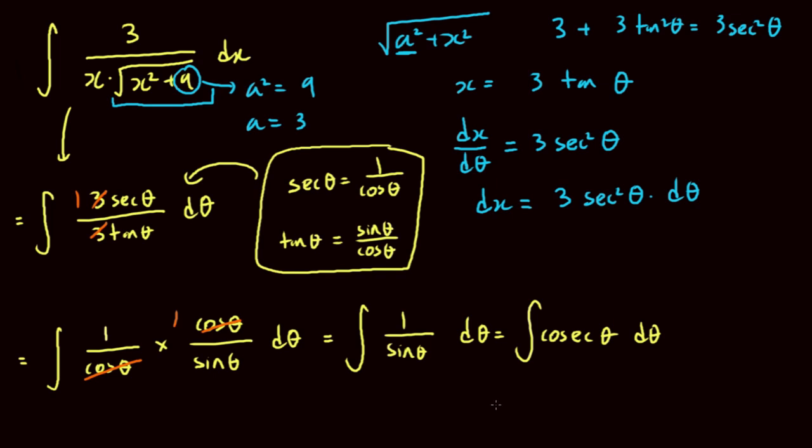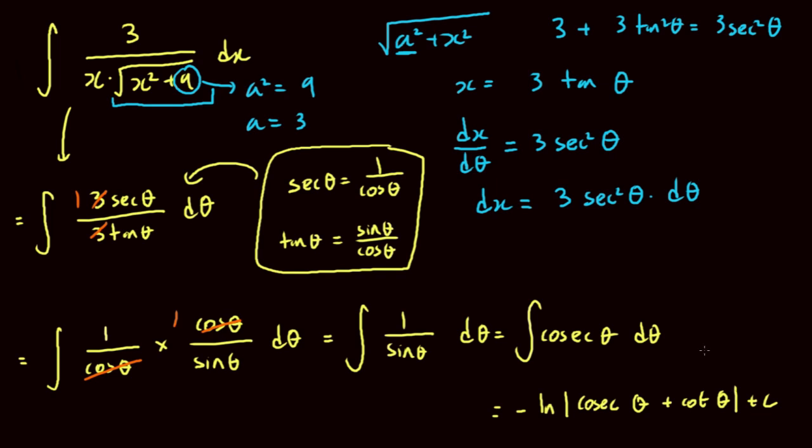So if you integrate cosec theta, quite simply, it is just negative ln modulus cosec theta plus cot theta plus c.